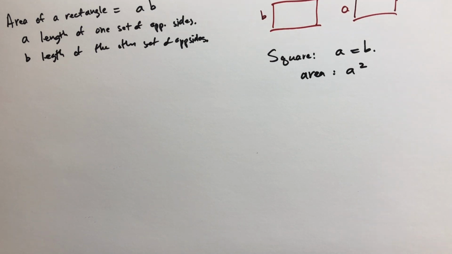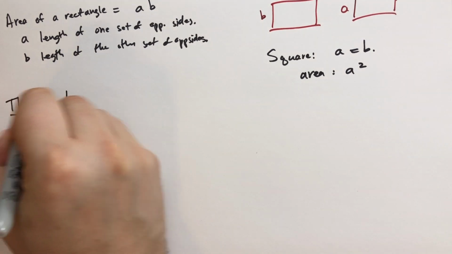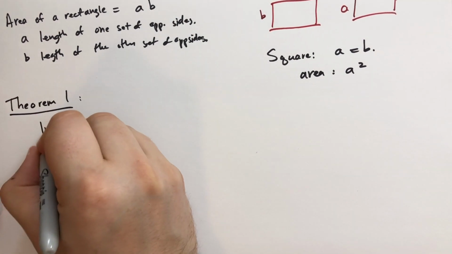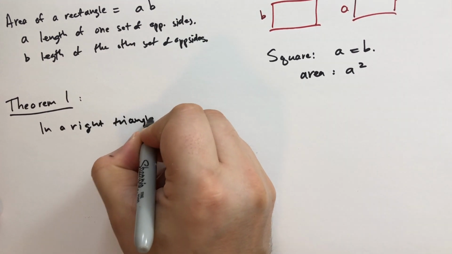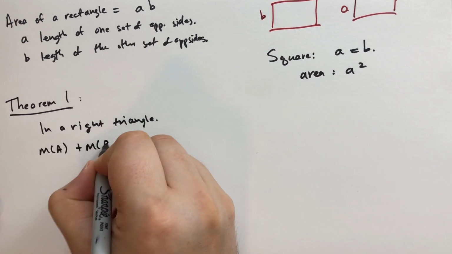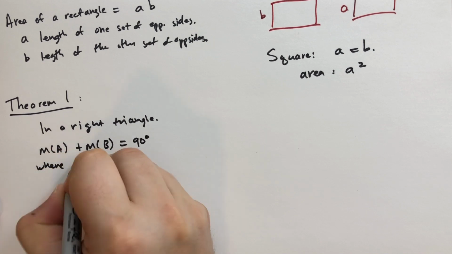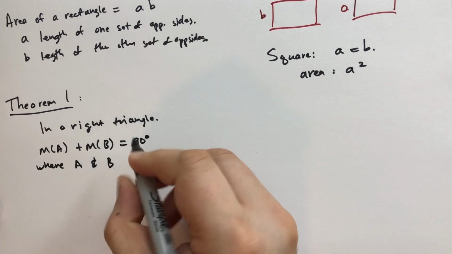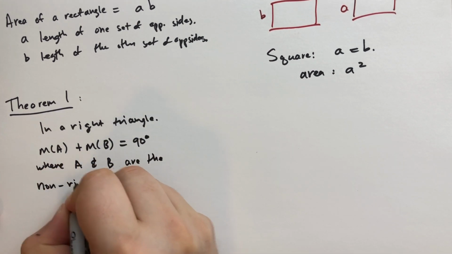All right, the next little theorem that he wants to prove is theorem 1. This isn't completely obvious. He says in a right triangle, the measure of angle A plus the measure of angle B is equal to 90 degrees, where A and B are the non-right angles.